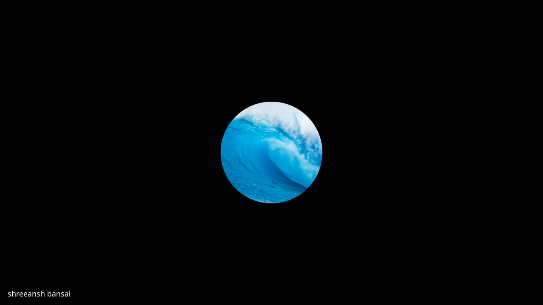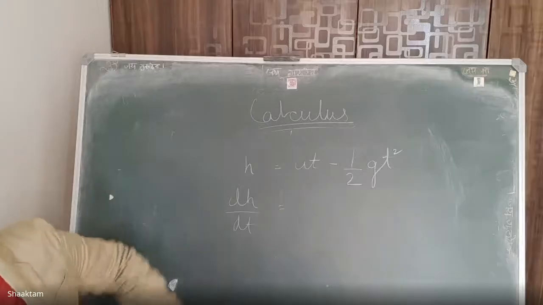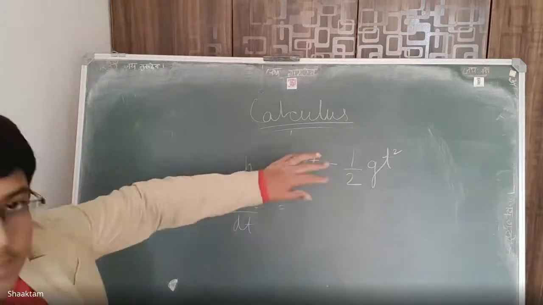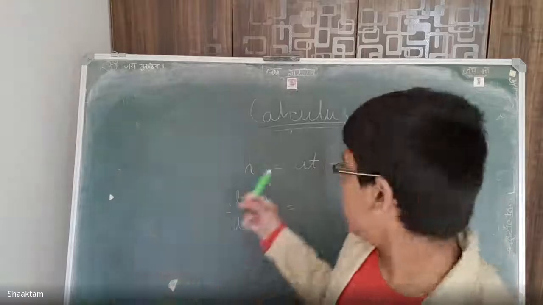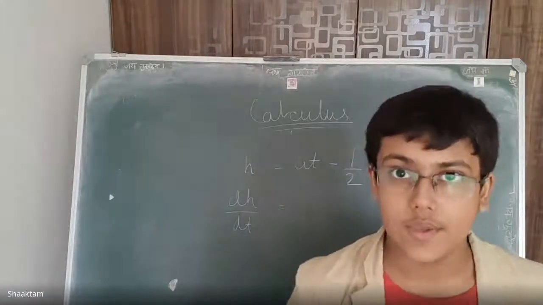dh by dt is dh upon dt plus dh upon dt. Is it this? No, it will be nice. See, you know that, for example, h is a function in time where h is equal to ut minus half gt square.